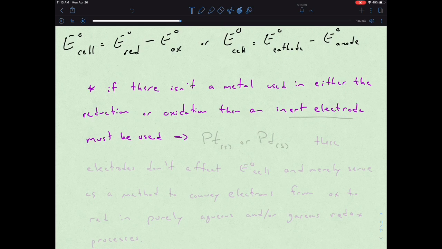And our inert electrodes that we use are platinum or palladium.